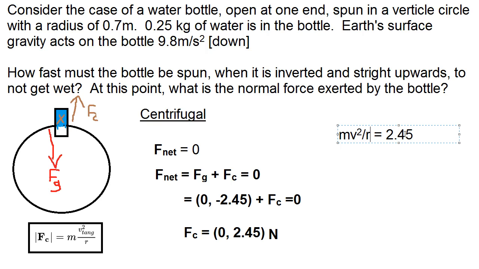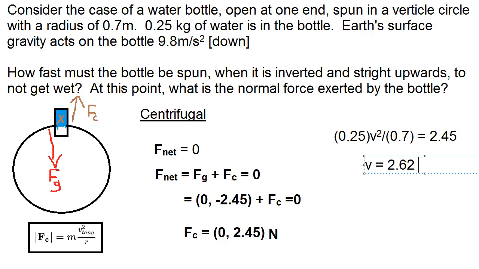Just like before, we can put in the radius, we can put in the mass, and we can solve for v. If we solve for v, we will again get 2.62 meters per second. And here, since we're looking at the minimum case, we don't want the bottle to have to exert anything.